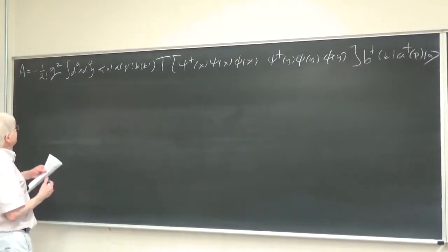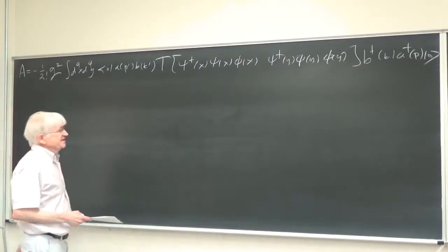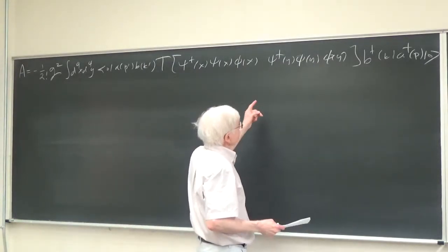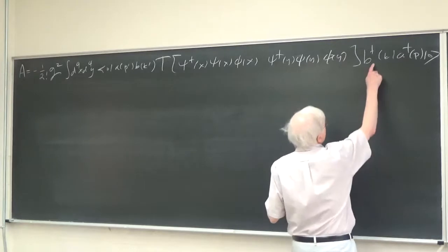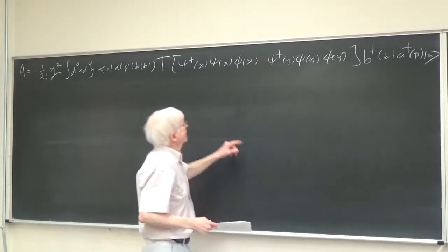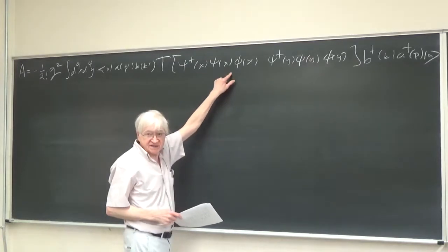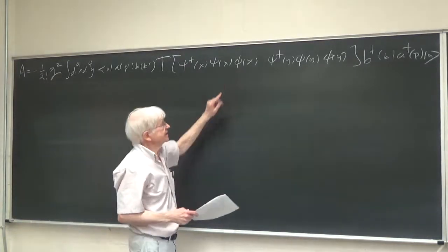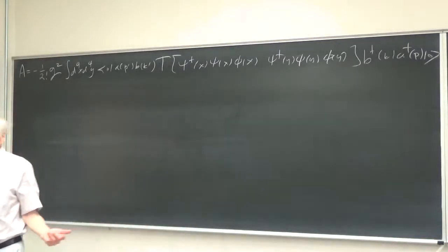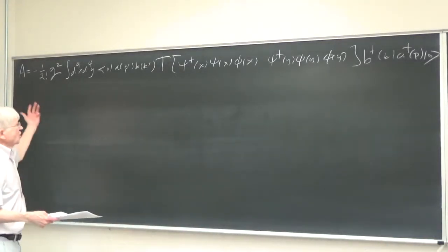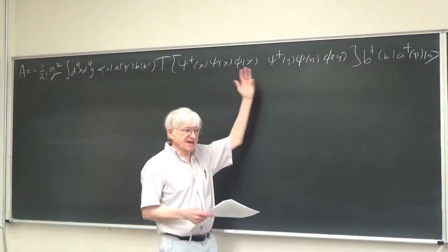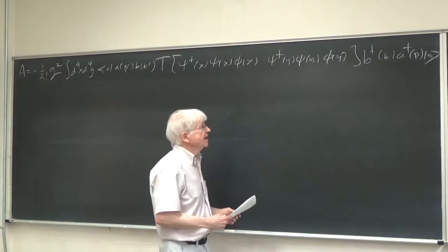So as I said, the 2 factorial normally cancels. In this case, it cancels for a very simple reason. Namely, this boson can be annihilated either by phi of y or by phi of x. And there's just no difference because we're integrating over all x's, and this is a time-ordered product. There's no sense in which the x's stand to the left of the y's.